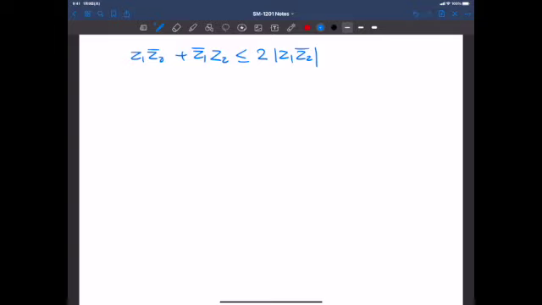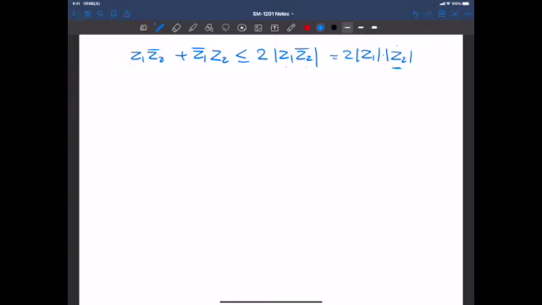But the modulus of a product is the product of the two moduli, the modulus of z1 times the modulus of z2. And the modulus of a complex conjugate is the same as the modulus of the original complex number, so we can get rid of the bar here. So this is what we have here.